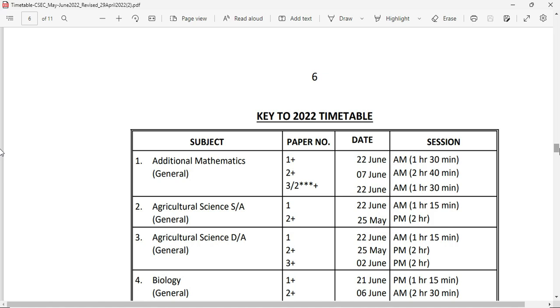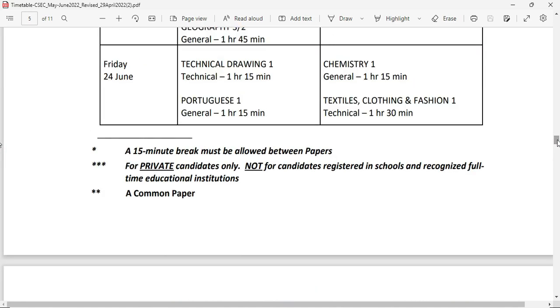So this is the key to the 2022 timetable, and we have the first exam coming up, additional mathematics, paper 1, 2, and the alternative to practical. Where you're seeing 3/2, it is saying that this is an alternative to practical paper. You might be wondering what the plus sign means, what the asterisk means.